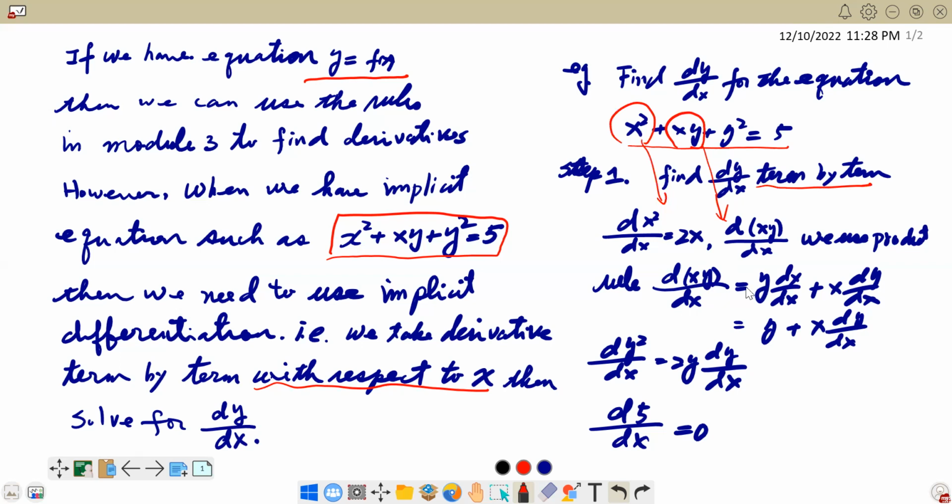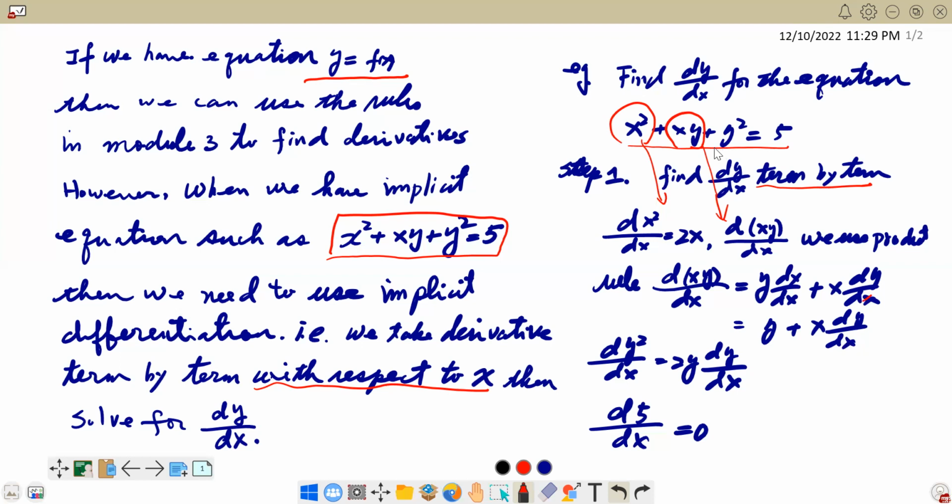So y times the derivative of x with respect to x plus x times the derivative of y with respect to x. Then we get y plus x times dy/dx.